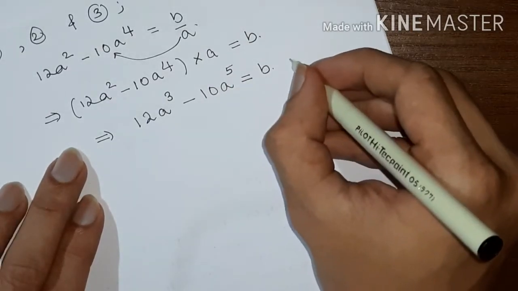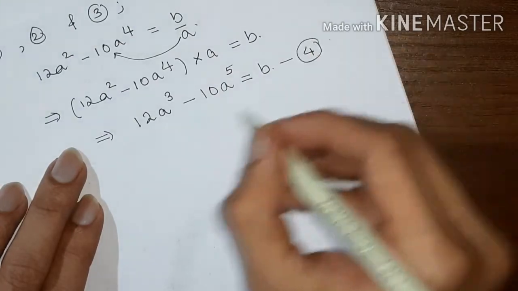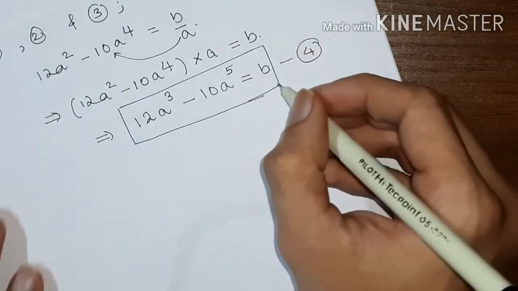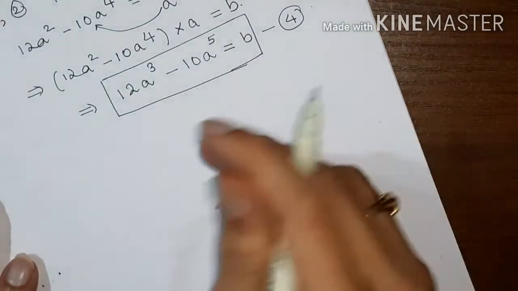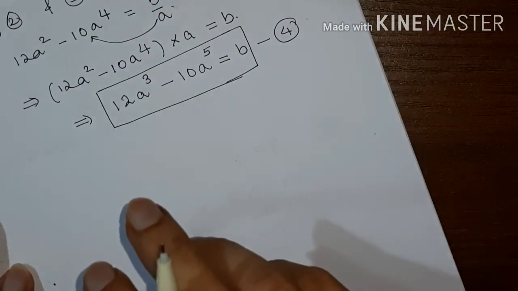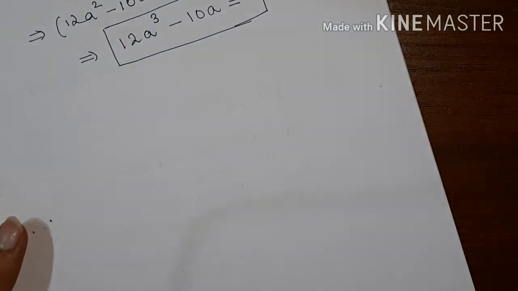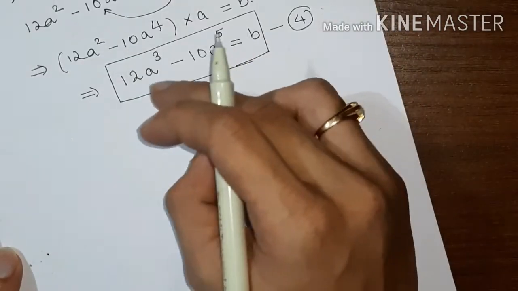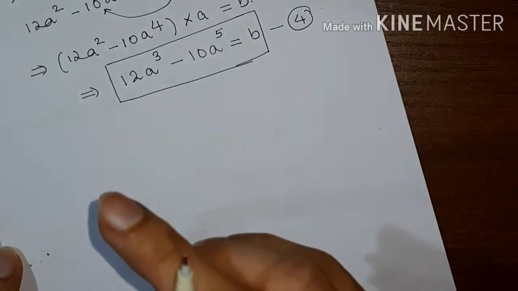We can call this equation 4. This is an important equation, we have to use it later. Now we have to find one more equation so that we can solve for a and b.